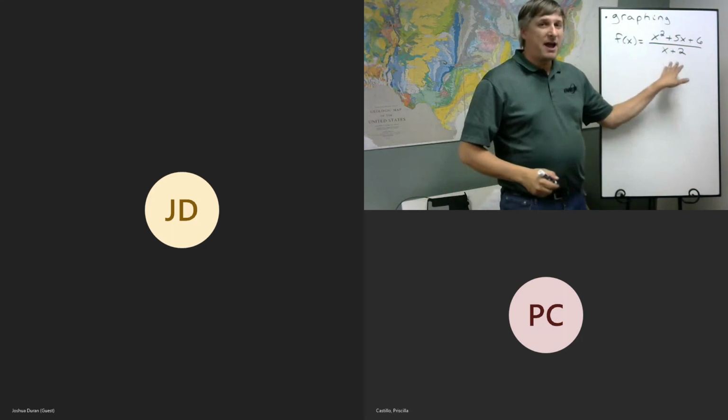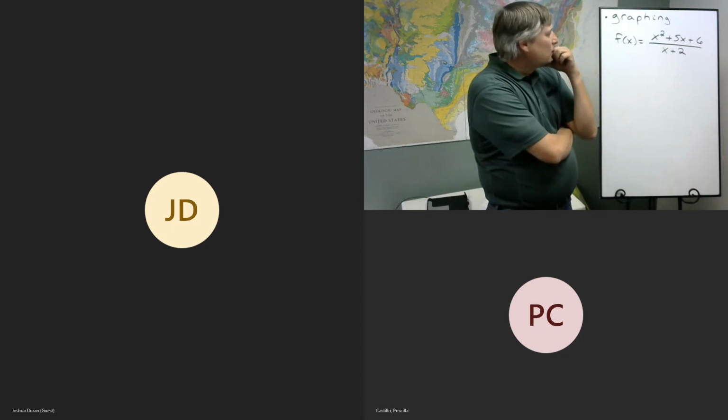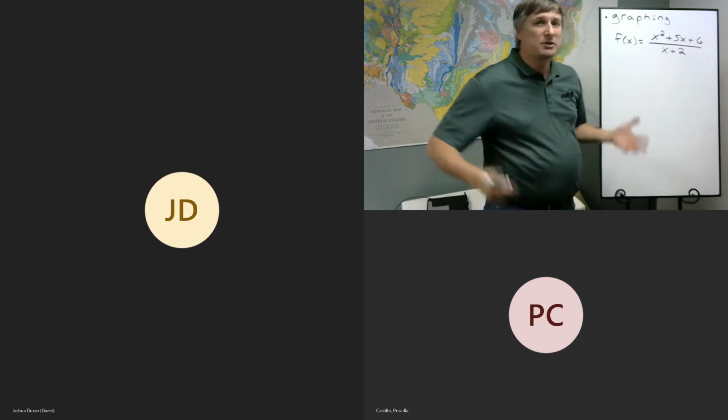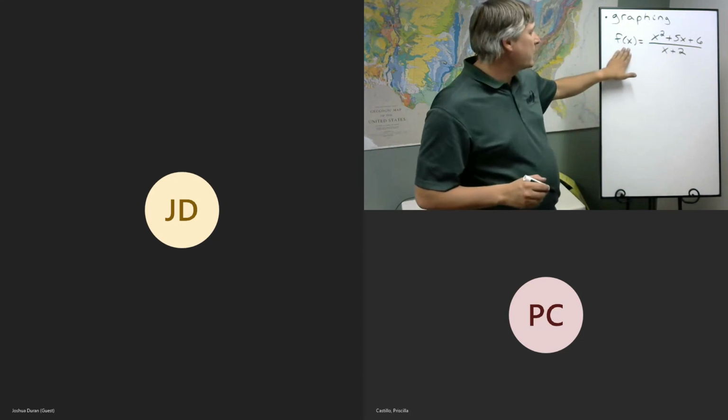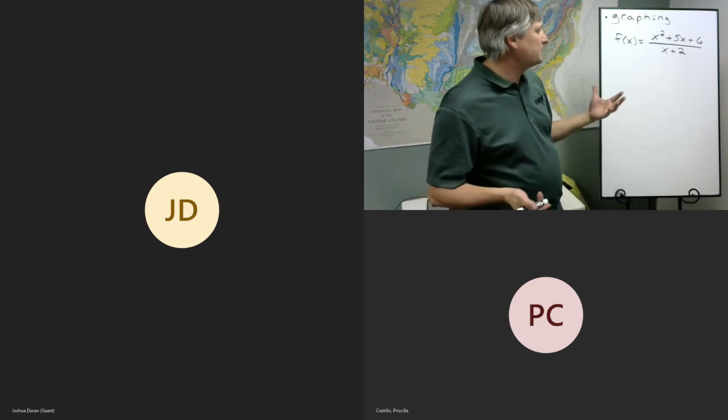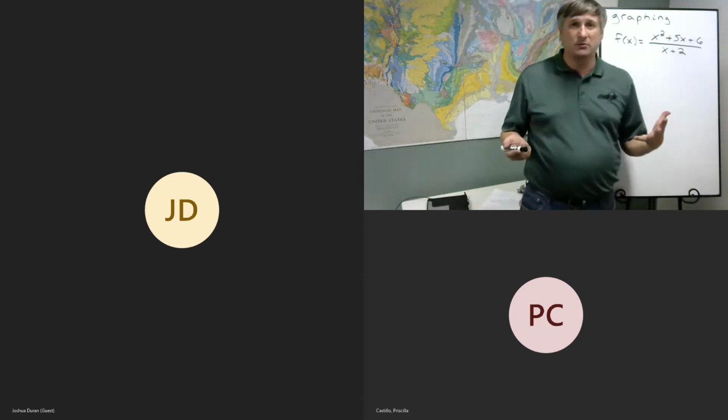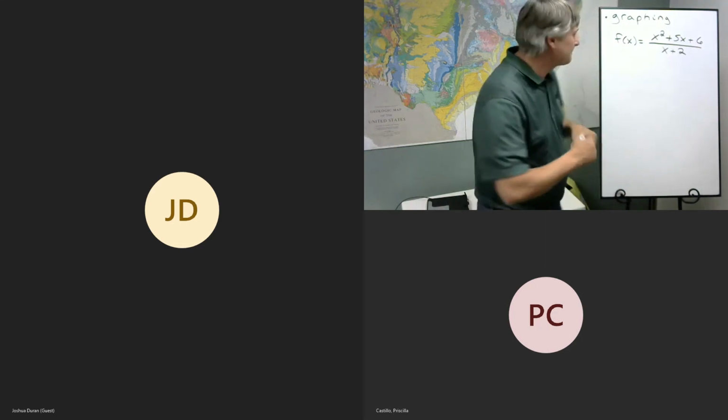Now, let's say we're going to graph this. One thing we want to be careful about: when we talk about the domain of a rational function, we want to talk about the domain before we do any reducing. We're going to talk about reducing in a second.